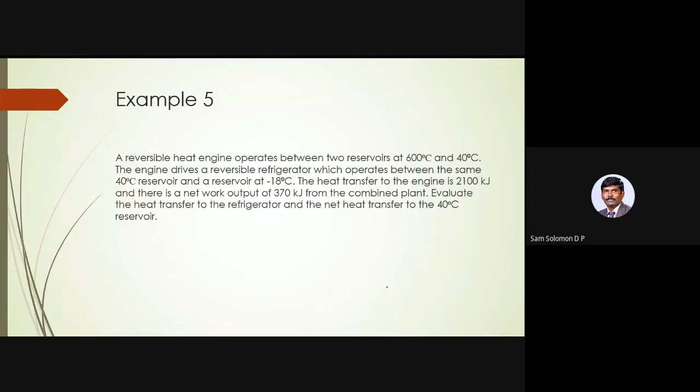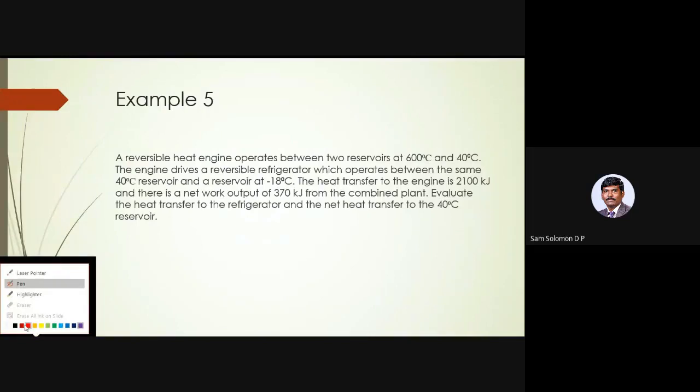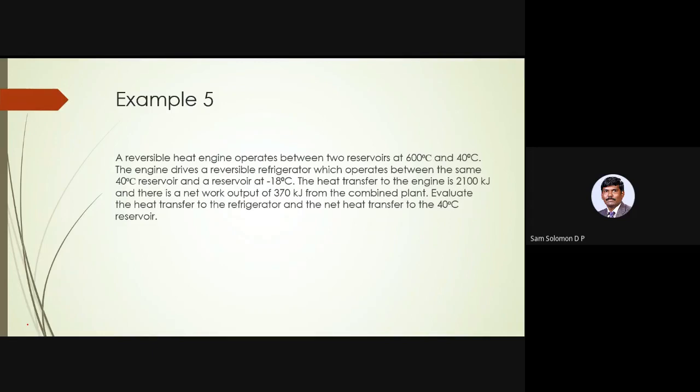So there is a reversible heat engine which operates between 600 and 40. The engine drives a reversible refrigerator which operates between 40 degrees and minus 18 degrees centigrade. So now you have got an engine which is driving a refrigerator.